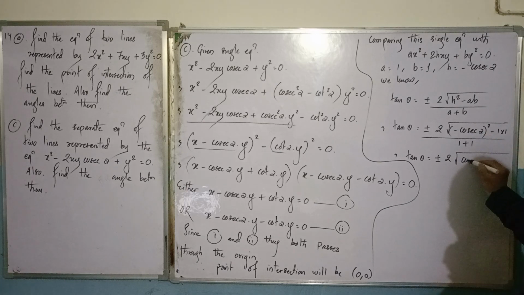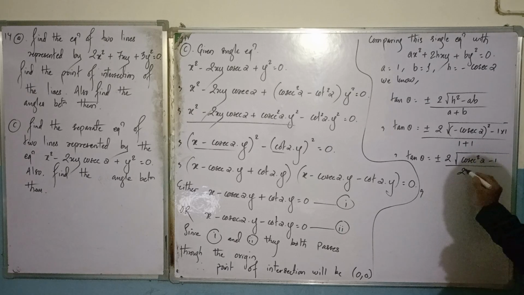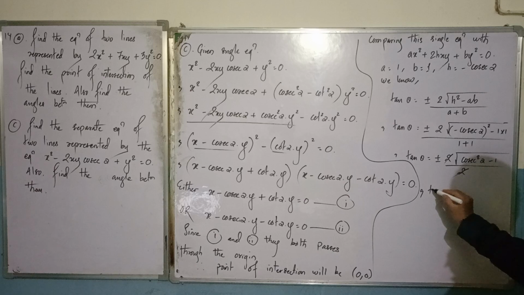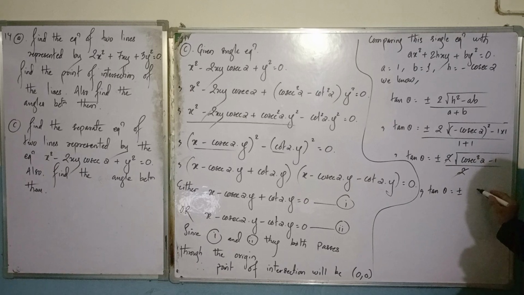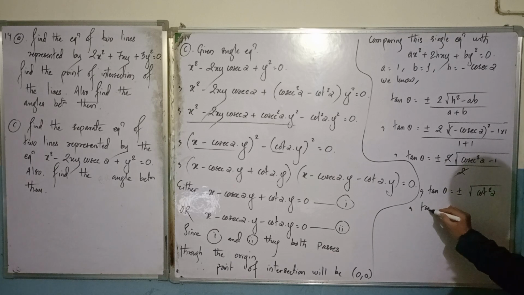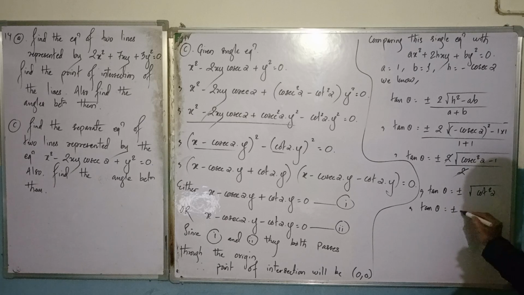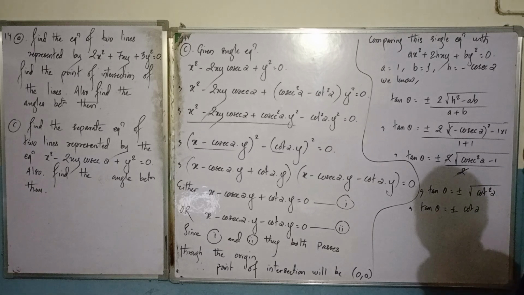So here cosec square alpha minus 1 divided by 2, this 2 gets cancelled here. Tan theta is equals to plus minus under root cosec square alpha minus 1, which is cot square alpha, or tan theta is equals to plus minus cot alpha, obviously.